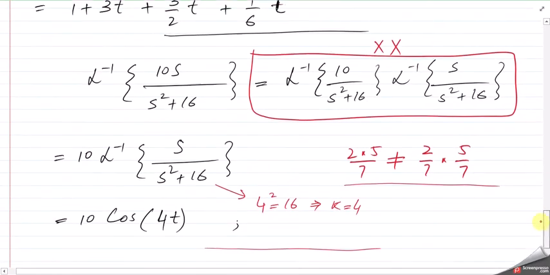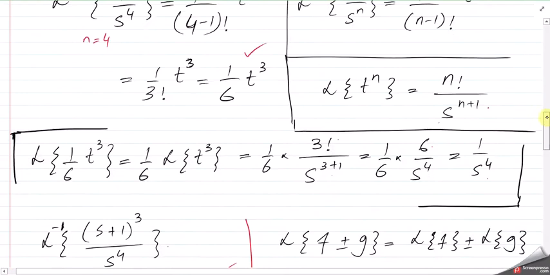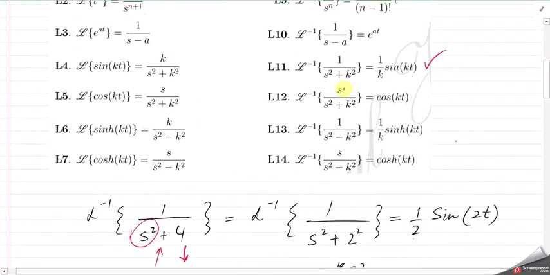So what we do is we send 10 out because it is constant. 10 goes out. We get s over s square plus 16. This is our cosine formula straight away because there's a plus here and s square here, s at the top, all the symbols of cosine formula. S at the top, s square plus, so that is cosine formula.